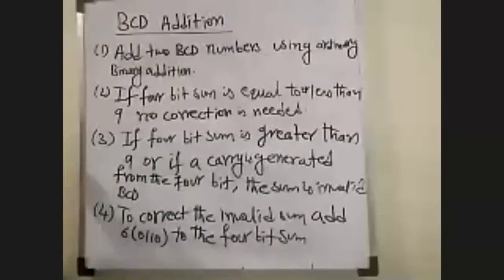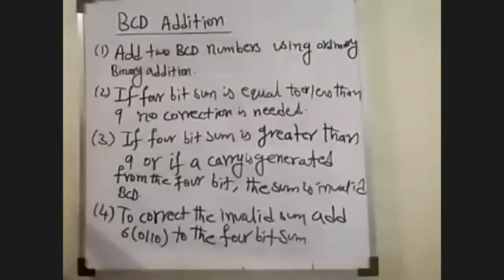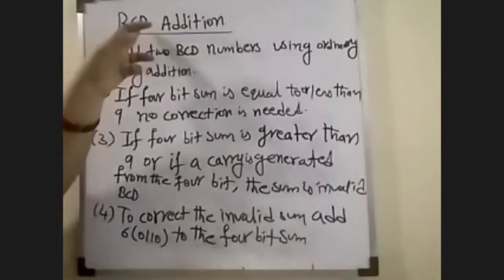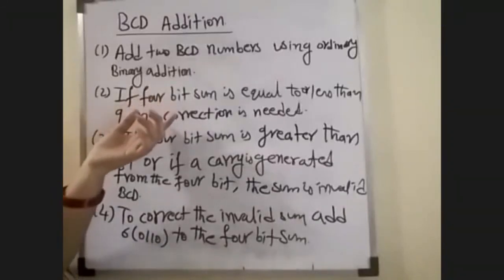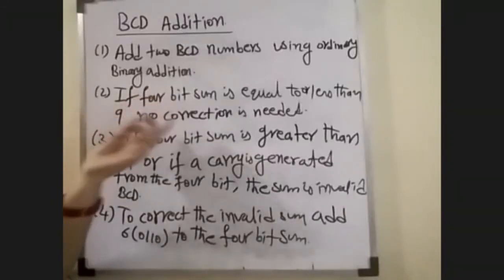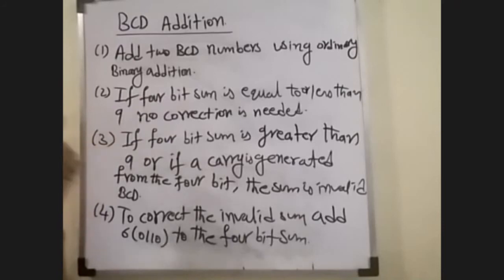The sum is valid BCD. Why? Because BCD values range from 0 to 9 only. So if the 4-bit sum is equal to or less than 9, no correction is required. The sum is valid BCD.